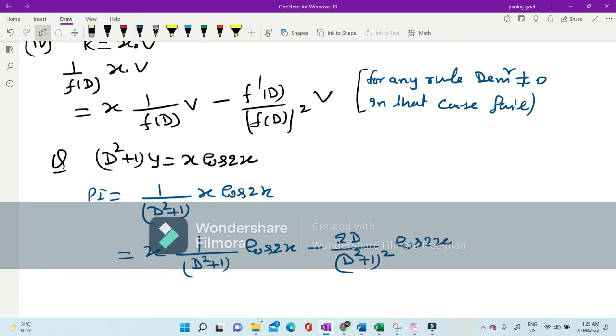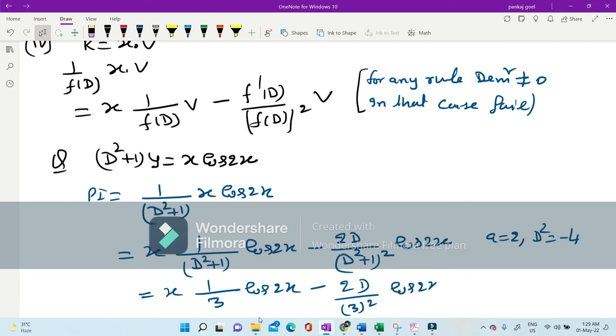Now you can see that here a is equal to 2. So what will the value of D square be? Minus 4. Put D square equal to minus 4. Put minus 4, that is equal to x times 1 upon minus 4 plus 1, 1 by 3, cosine of 2x minus 2D. So this will be 3 square, cosine of 2x. We get this one.